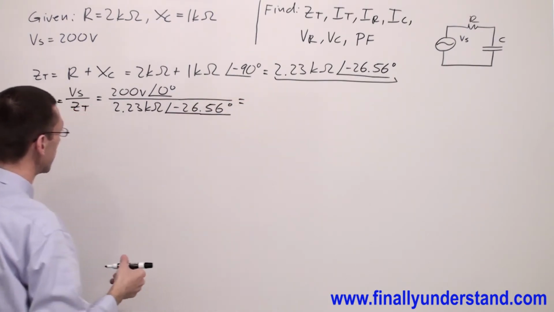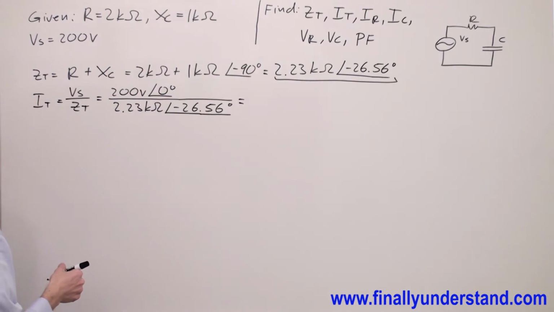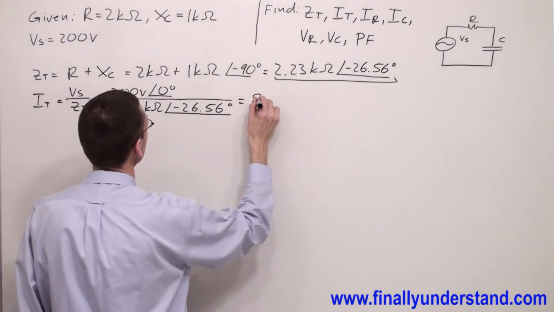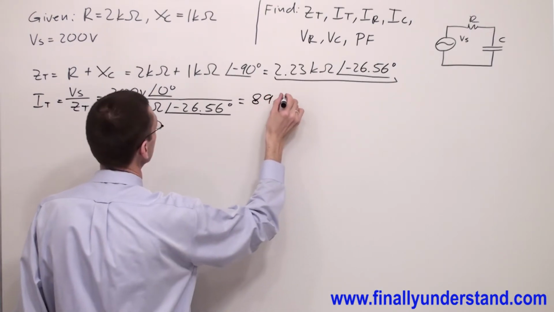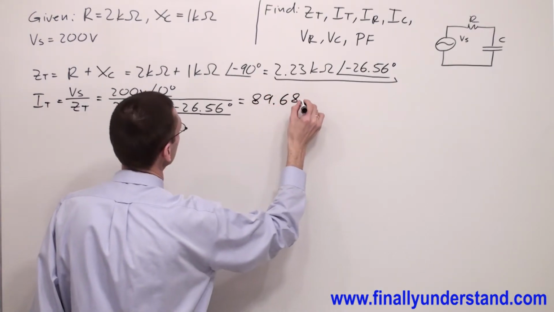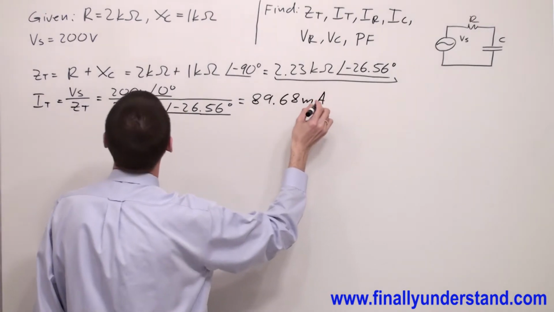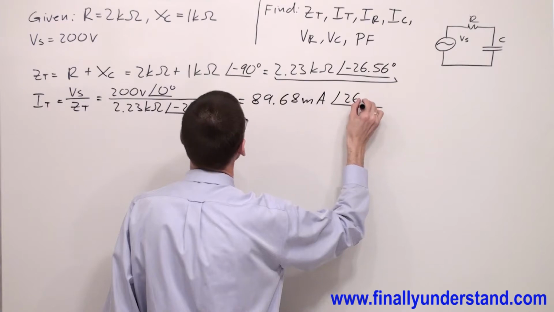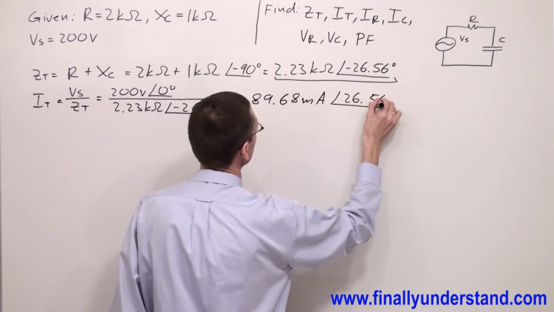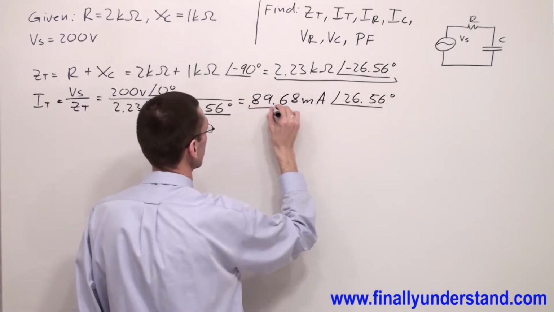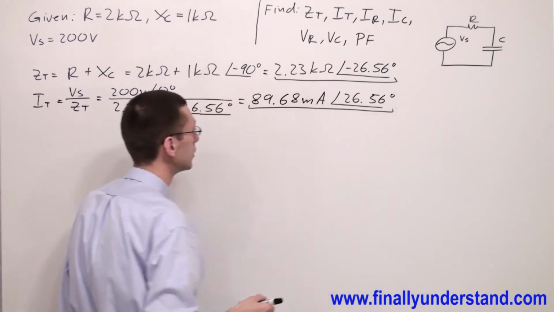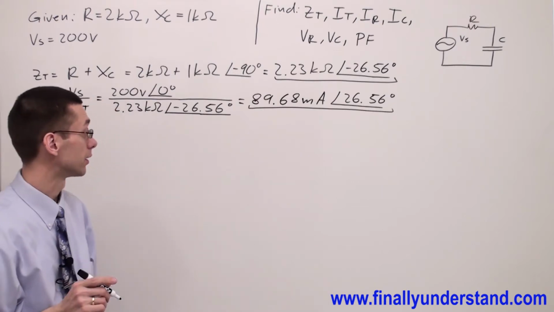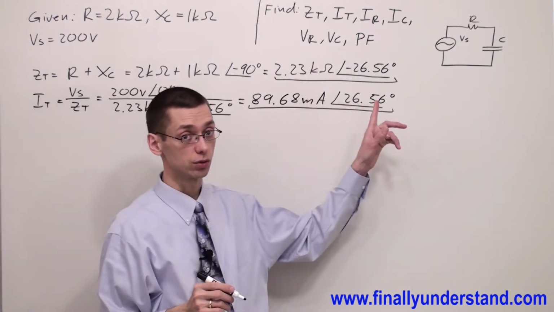Plug these values into the calculator and you will get the current of 89.68 milliamps and angle of 26.56 degrees.